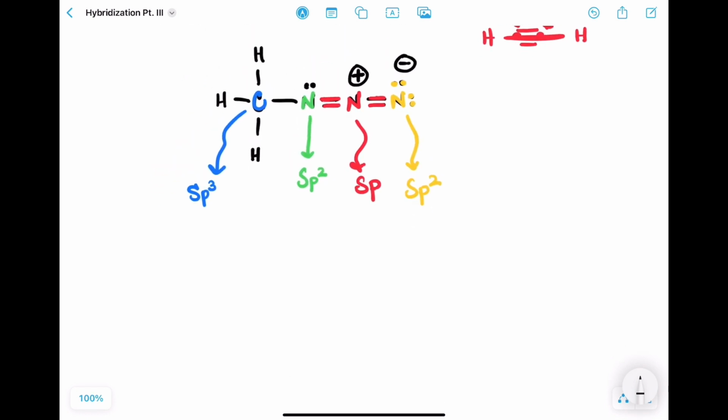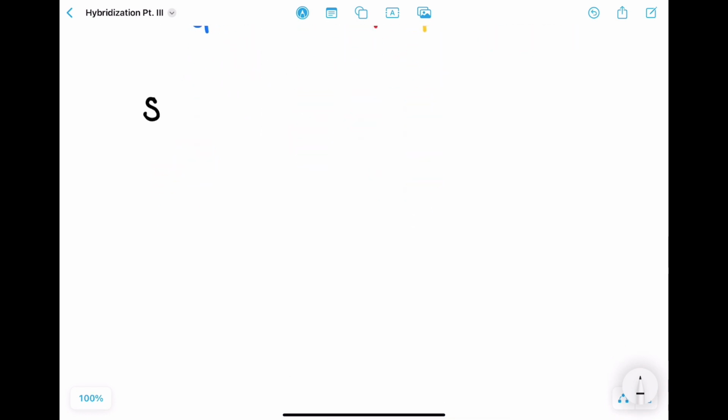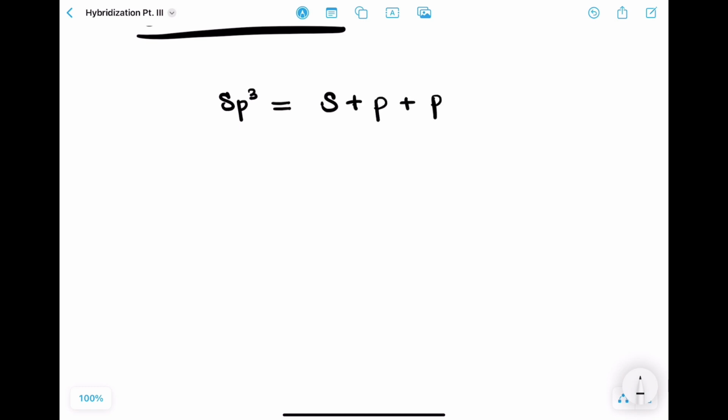Now let's delve into the concept of sp or s character. Whenever we have something that's sp3 hybridized, we mixed all the orbitals together and we get s plus p plus p plus p, right? And so when we look at the s orbital relative to all of the other orbitals, we basically have 1 s divided by 1 s plus 3 p, so a total of 4.